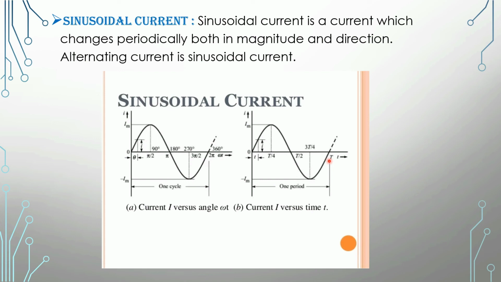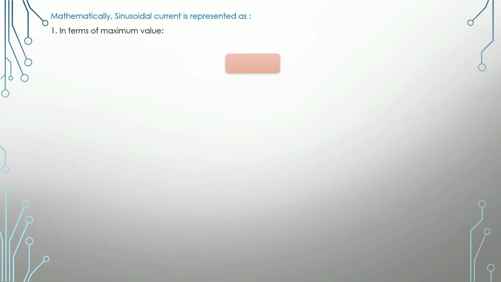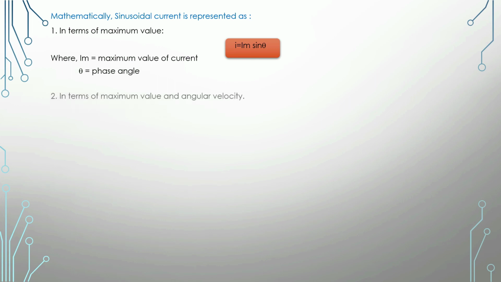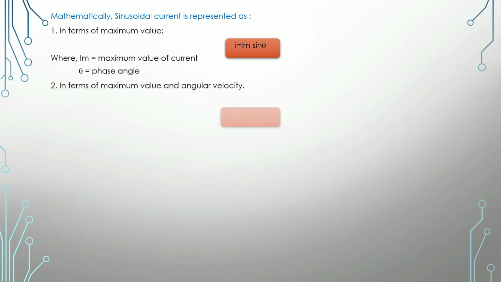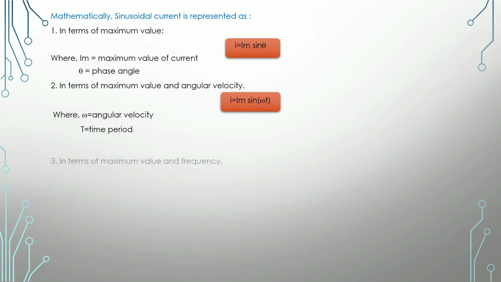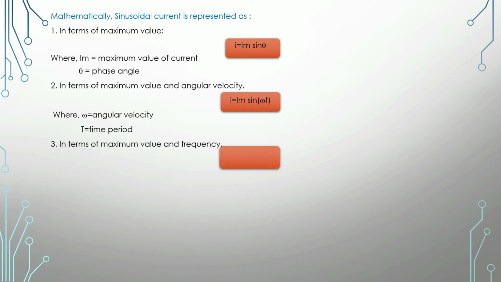Besides, these alternating currents can easily be transformed from a higher voltage level to a lower voltage level. These sinusoidal currents can also be mathematically represented, first in terms of maximum value, that is I is equal to Im sine theta, where Im is the maximum value or the peak value of current, and theta is the phase angle. Next, in terms of maximum value and angular velocity, I is equal to Im sine omega t, where omega is angular velocity and t is the time. Next, in terms of maximum value and frequency, I is equal to Im sine 2 pi f t.